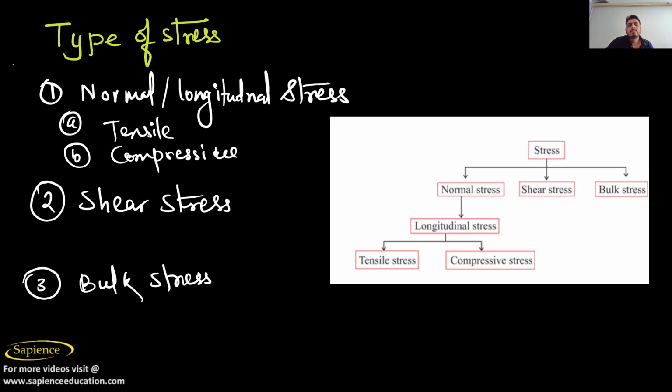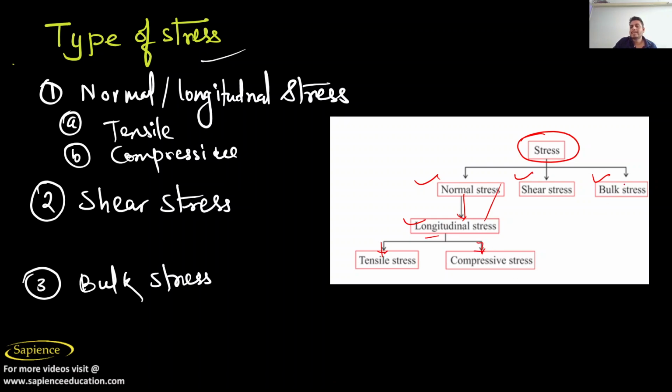So how many types of stress are there? Let us discuss the types of stress. Stress is of three types: normal stress, shear stress, and bulk stress. Normal stress is also known as longitudinal stress, and this is further divided into tensile stress and compressive stress.